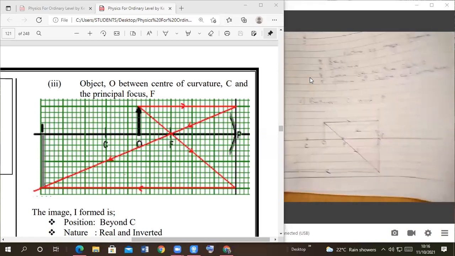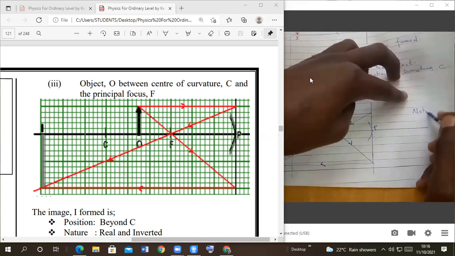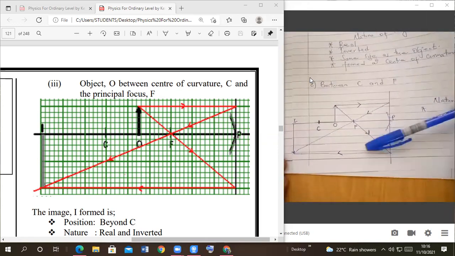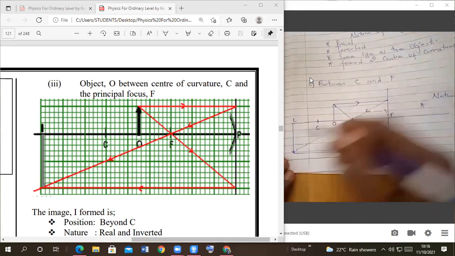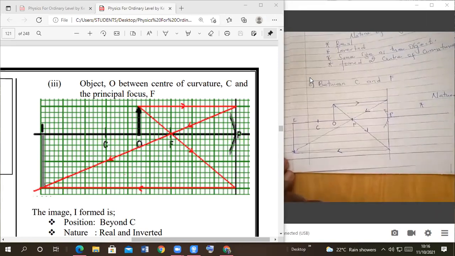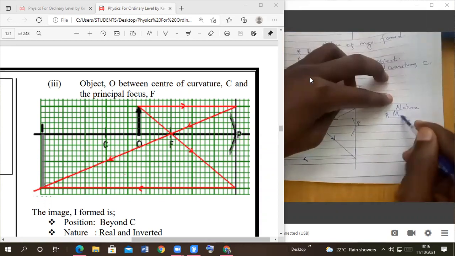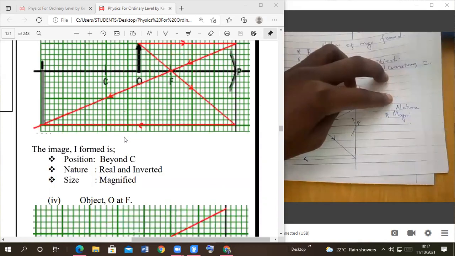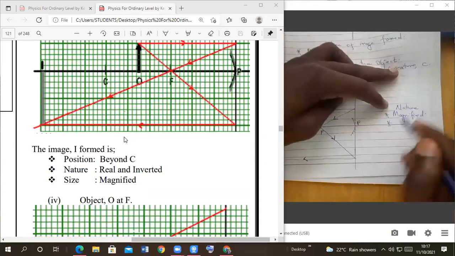So what can you say about the image? What is the nature of the image? When you look at the size of the image and the size of the object, what can you say about it? The image is bigger. So if it's bigger, which means it is magnified. Good. The image is magnified. What else?